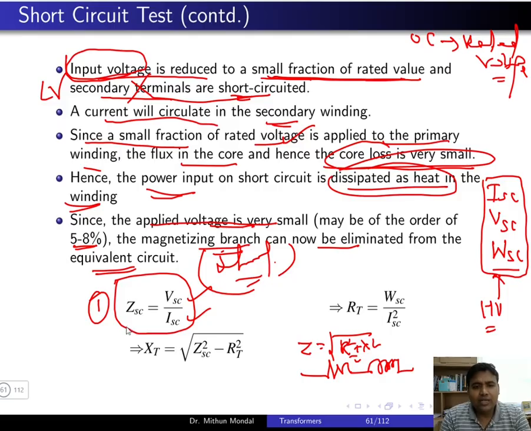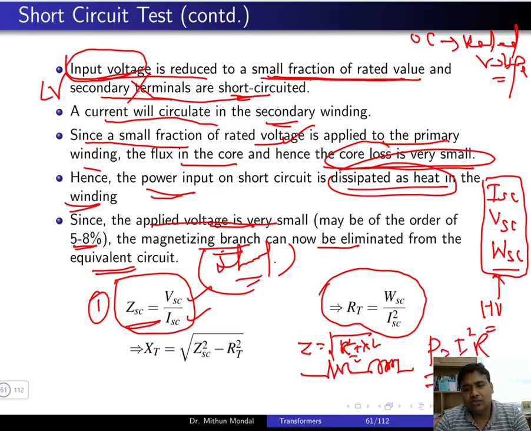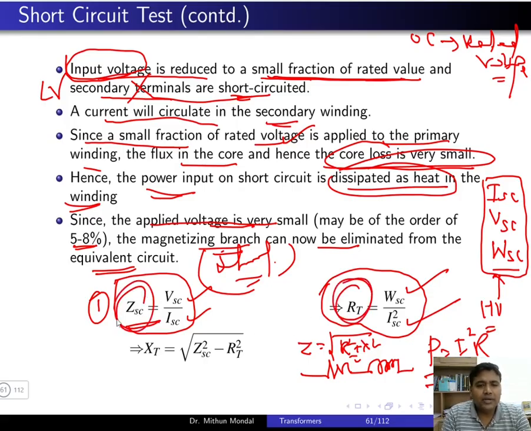Since Z we have already estimated, and resistance we can calculate from the power loss: power loss is I squared times resistance, the effective resistance of the circuit. So the power loss during the short circuit condition, divided by the square of the measured current, will give you the resistance. So we have obtained the impedance and calculated the resistance, and obviously it will be easy to find the reactance.